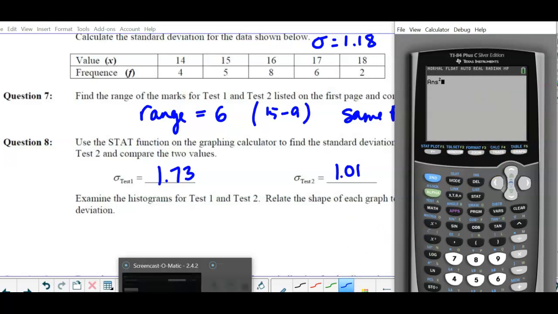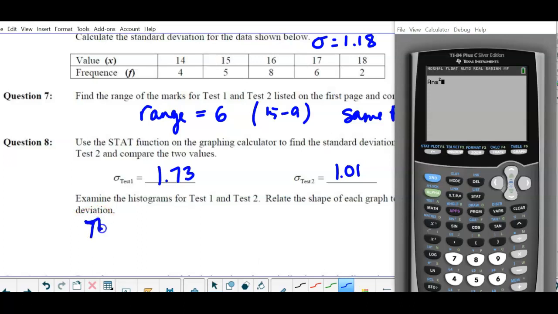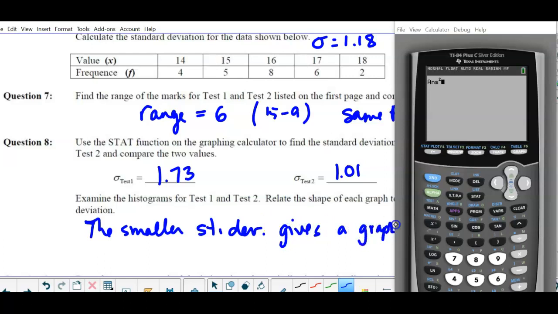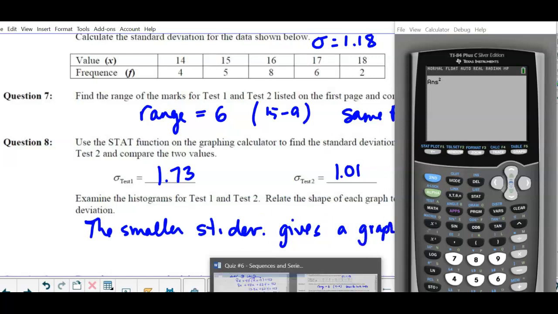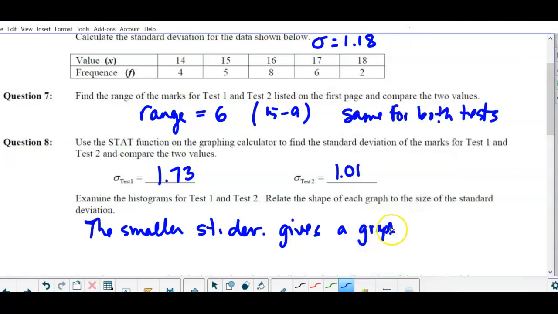The smaller standard deviation gives a graph that is more concentrated in the middle.